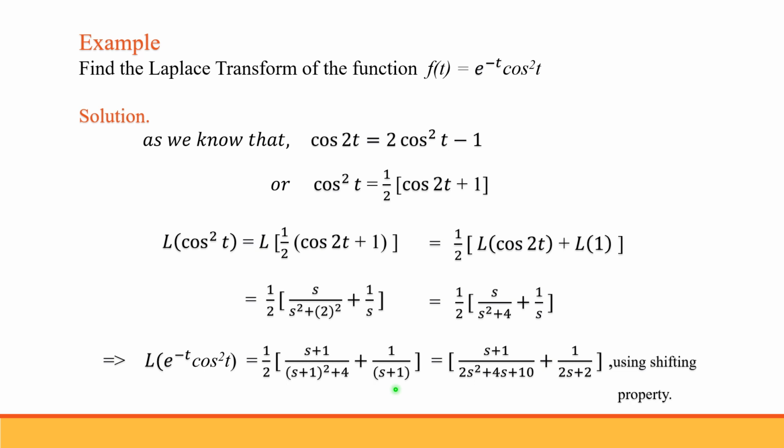By using the first shifting property we learned earlier, we can simply substitute a equal to minus 1. We get 1 by 2 times ((s plus 1) by ((s plus 1) squared plus 4) plus 1 by (s plus 1)), or simply (s plus 1) by (2s squared plus 4s plus 10) plus 1 by (2s plus 2).